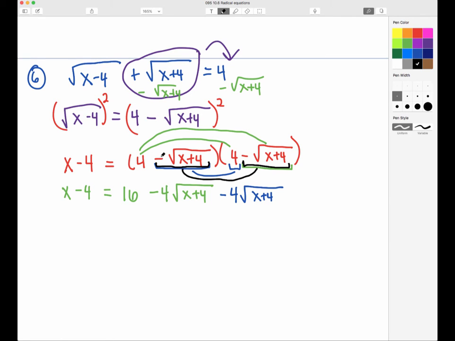So I have a negative times a negative, which is a positive. So I look at the signs first. And then because x plus 4 is the same as x plus 4, I'm really just squaring a square root. I'm going to write out that exact thing. I'm squaring the square root of x plus 4.